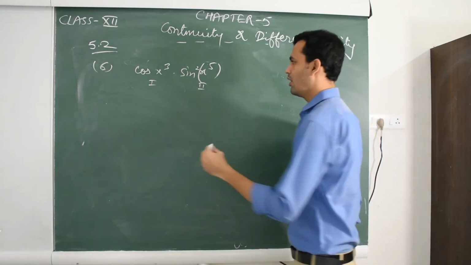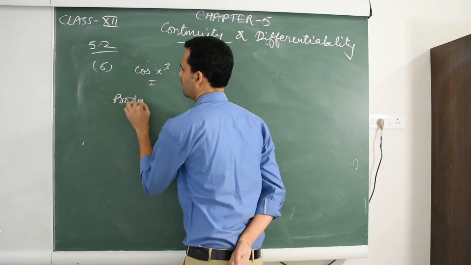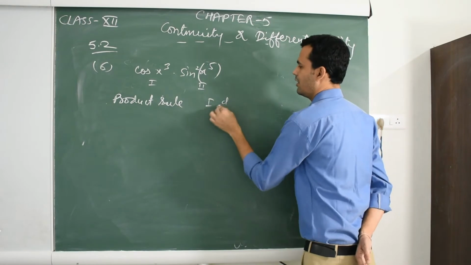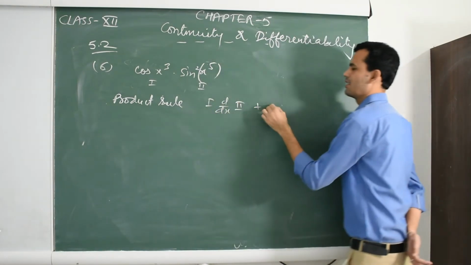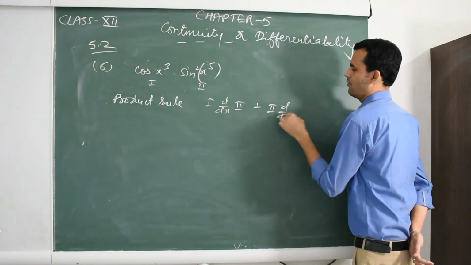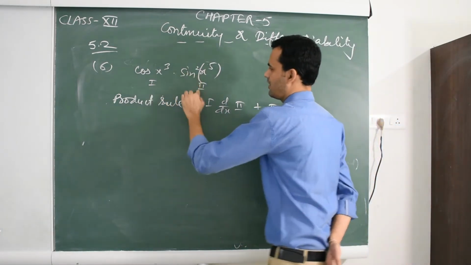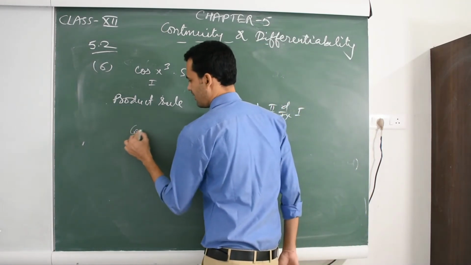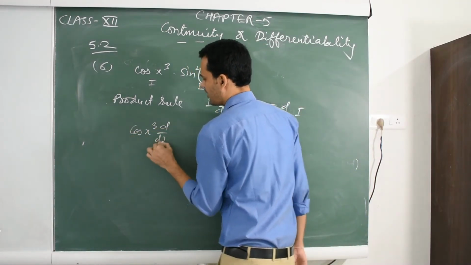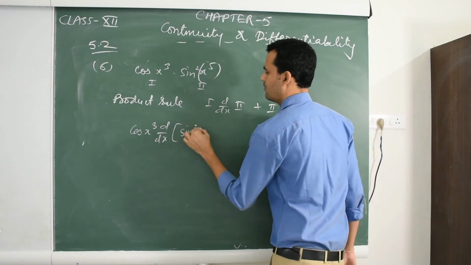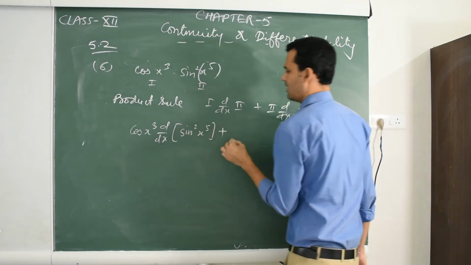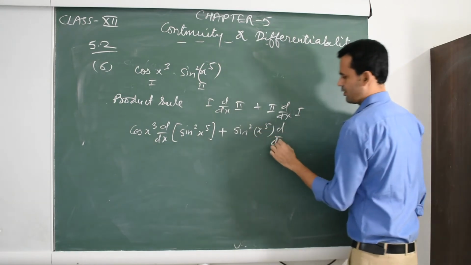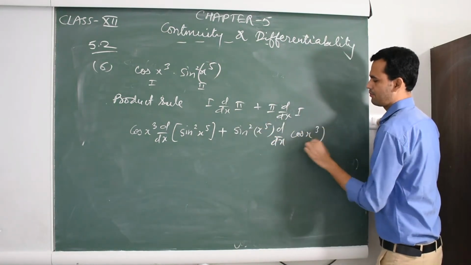So we use product rule: first times d/dx of second plus second times d/dx of first. We take this term as first, and this is the second term. So first as it is, d/dx of second, plus second, d/dx of first.